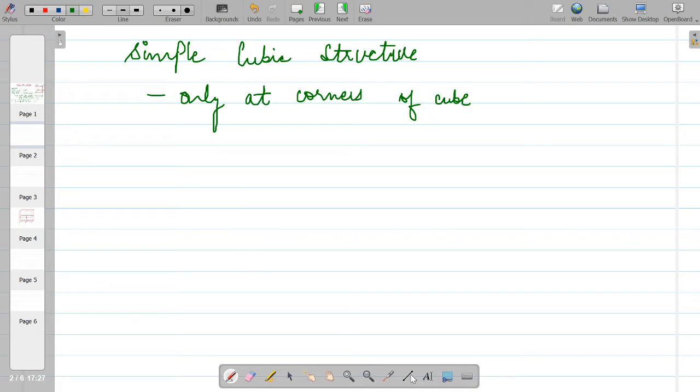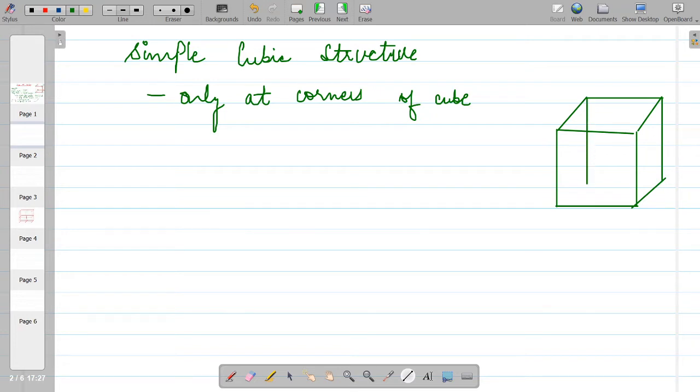For example, if we draw a cube here, the same diagram that I have shown you on the previous page, in three dimensions, then in this type of unit cell, all of your atoms are present at the corners. Here I am drawing circles to denote the atoms.